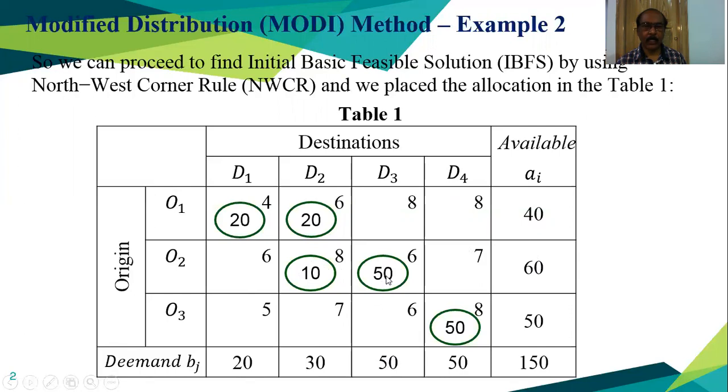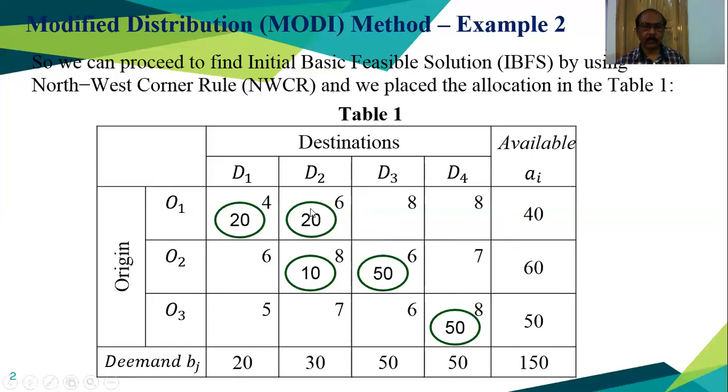So we have to move diagonally to cell 3, 4, and check how much availability and how much demand there is. Since both are the same, we allocate 50 here. Now the question is how many allocated cells there are: 1, 2, 3, 4, 5, and it should be m plus n minus 1, that means 3 plus 4 minus 1, which is 6.